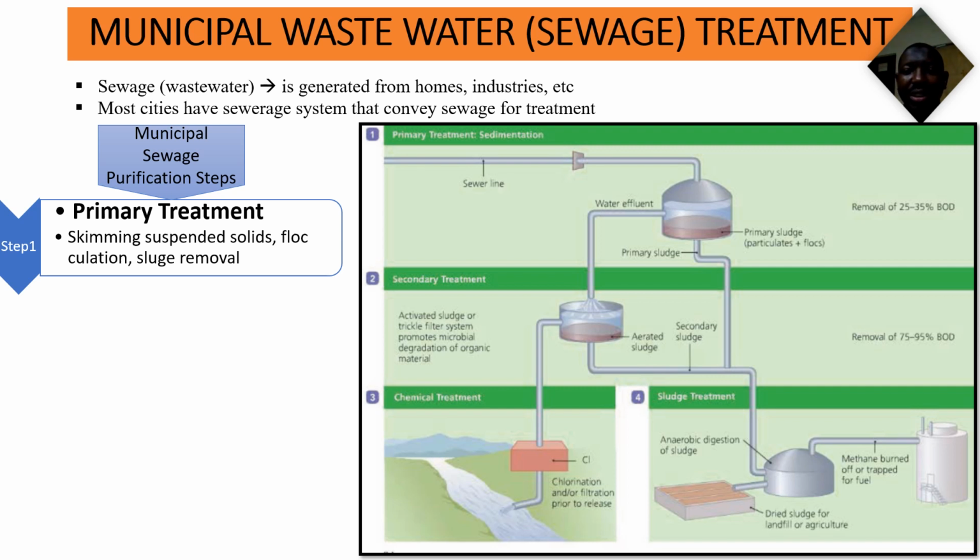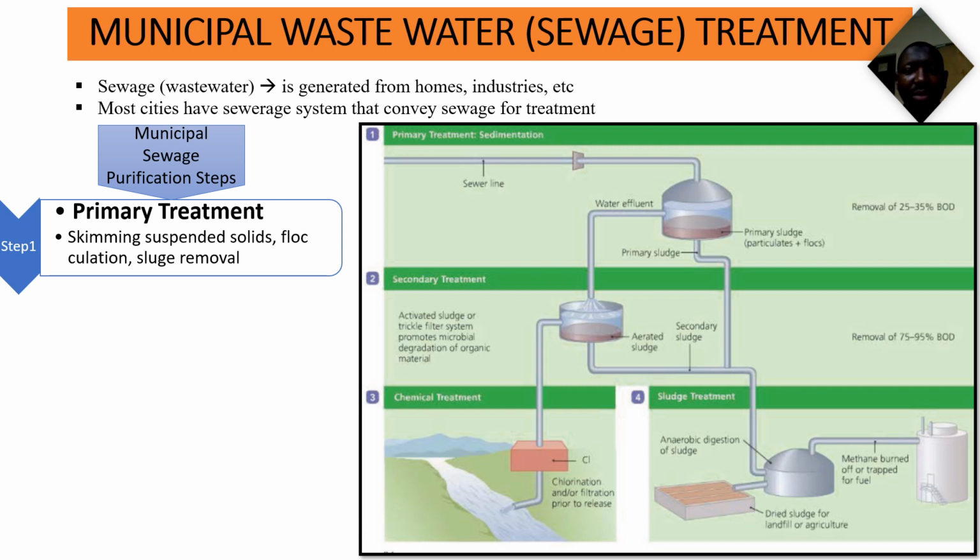So this one is a kind of modified sedimentation method we notice in municipal water purification. In sedimentation, the larger particles settle at the bottom to form sludge, while the lighter materials remain floating on the water.